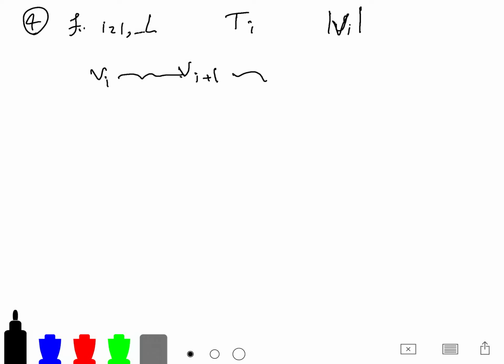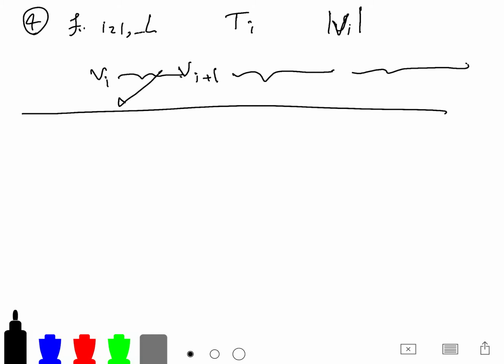So we embed the nodes here. We have different Euler tours, but in different spaces. In this way, we are embedding it into R, and this is the real line. So that's the construction of the embedding into the real line.